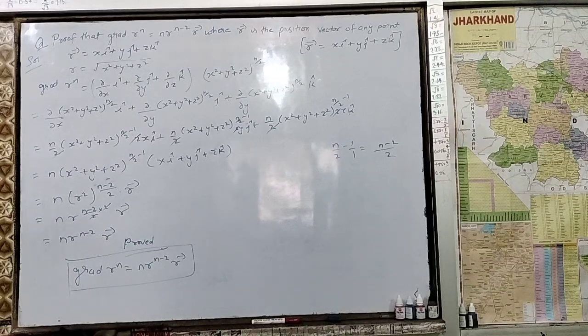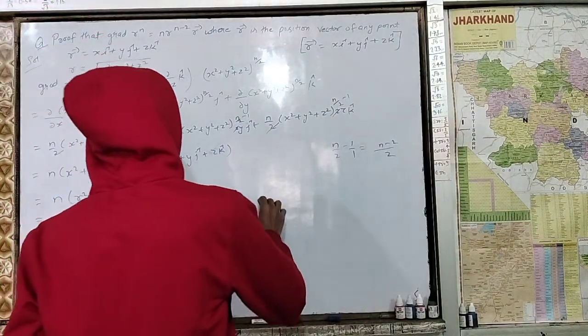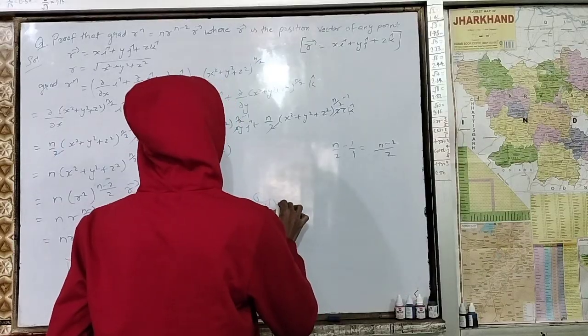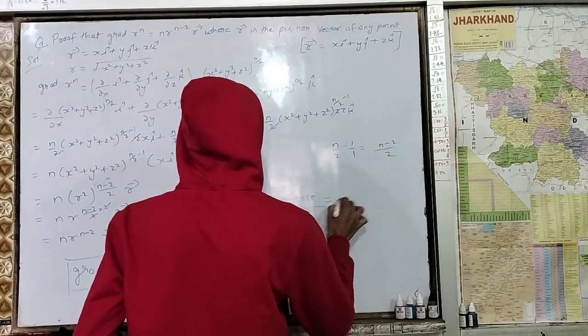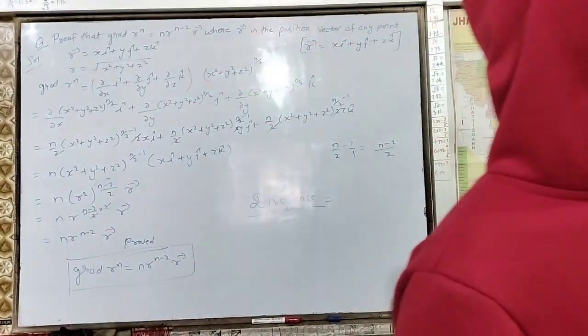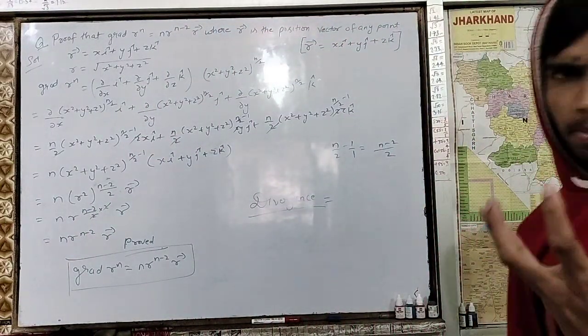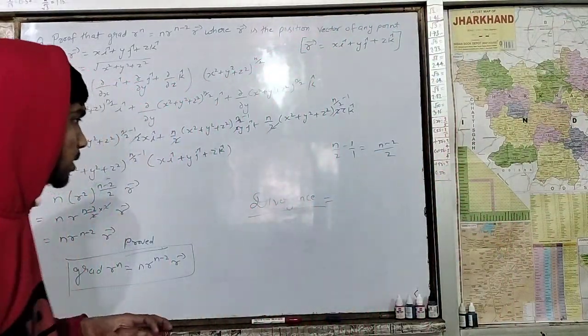Now let's move towards the next topic, which is divergence. Divergence means something is diverging. Something is diverging, okay, this is the meaning of something is spreading out. Here something will be a vector. Okay, a vector is spreading out.